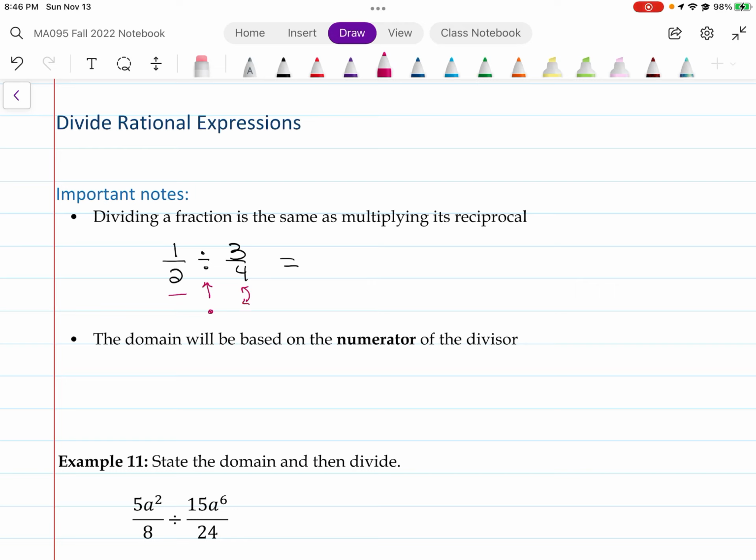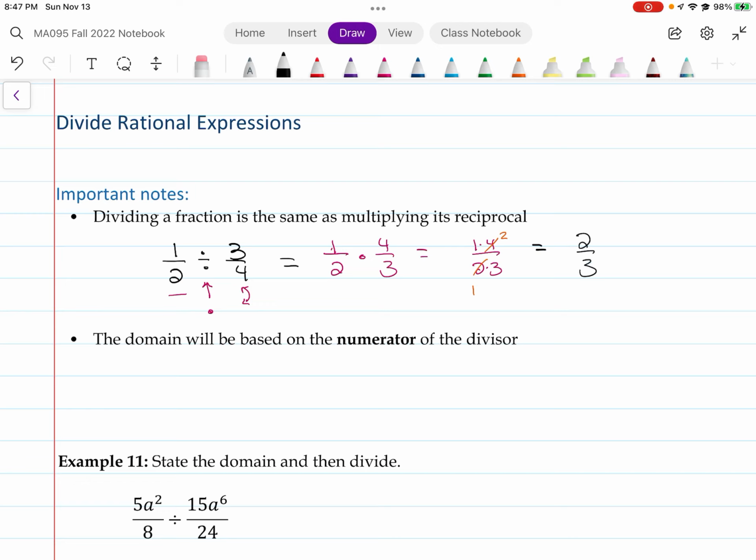Then we would simplify 1 times 4 and 2 times 3, and the 4 and the 2 would cancel out, and you would end up with 2/3.